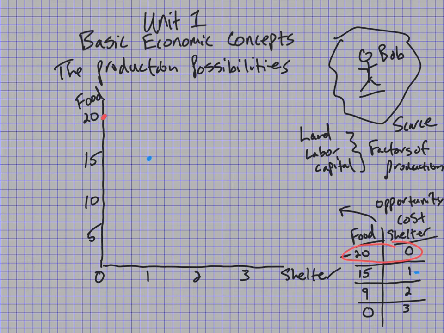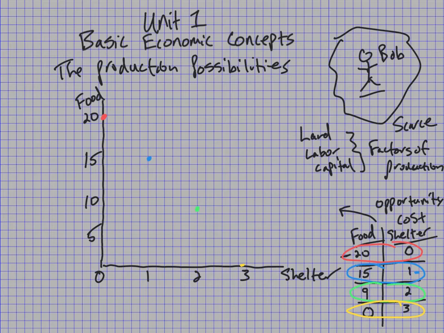All right? What about the next one? So that's this one. Now if I want to make another shelter, it's going to be this combination right here. And so I'm going to be at 2, and we'll call it 9. So I'm going to be at something like that spot right there. And then 3 and 0 is this one. I'm going to be at that spot right there.